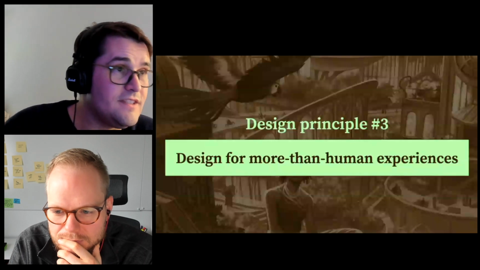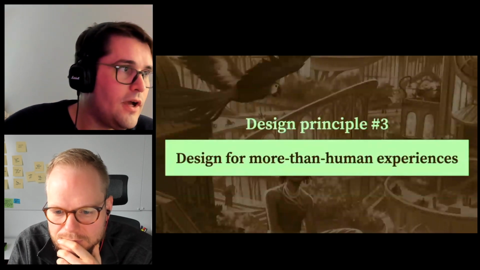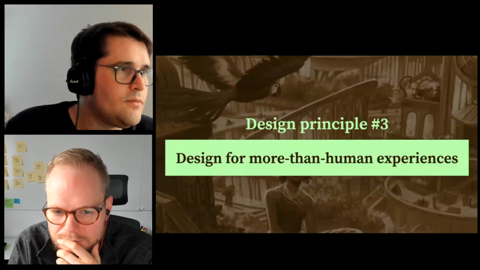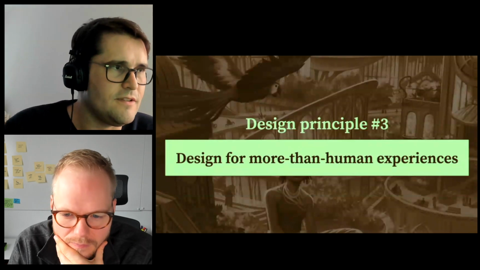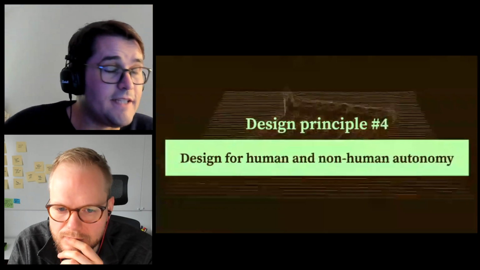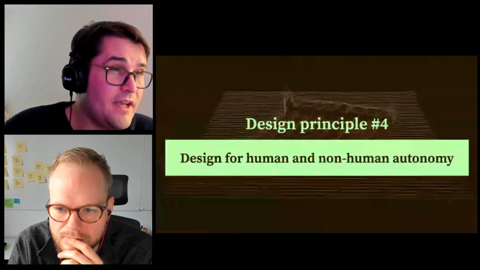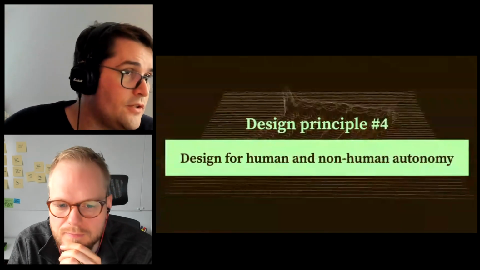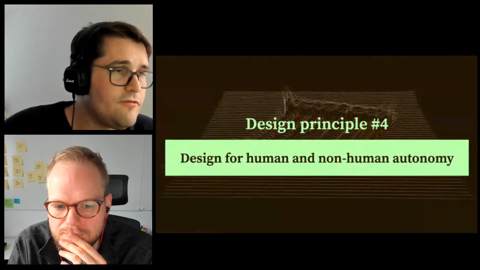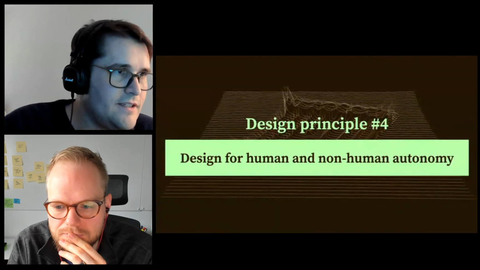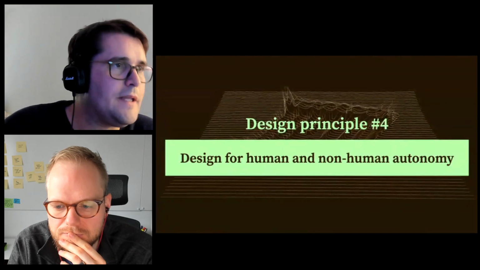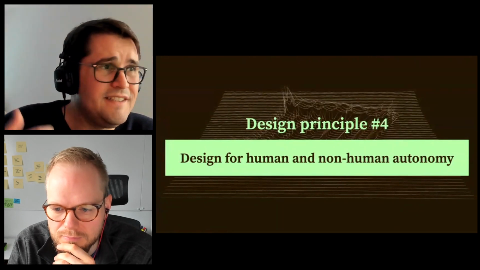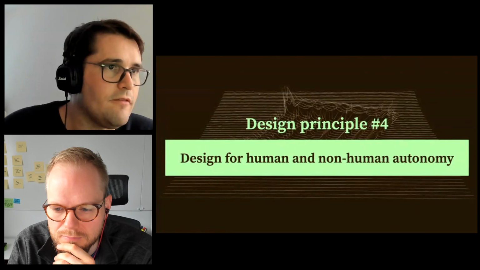What if you design something not for humans, but for another species that would benefit us as well? That's an interesting question, and I'm sure that this is not something that is necessarily well explored today. Something that I feel is a really strong principle, and to me it's an ethical principle, is to design for human and non-human autonomy, and this idea of bringing people a means to make decisions for themselves, to orient themselves in their own way, the way they decide is relevant to them, instead of deciding for them what is good for themselves, right?